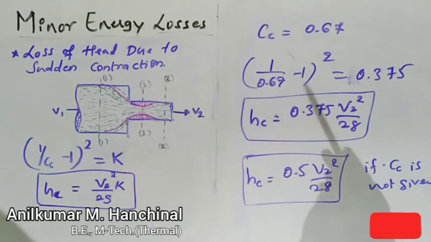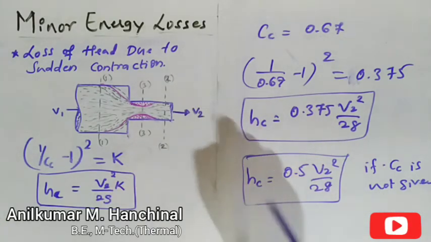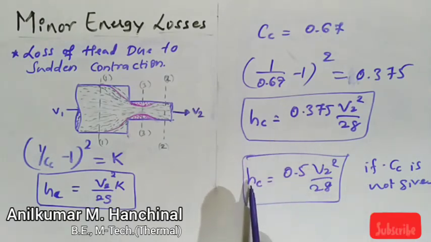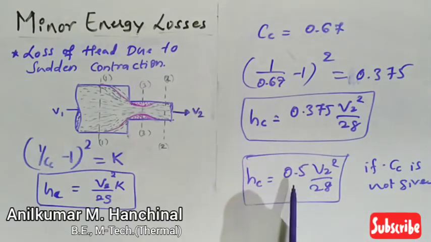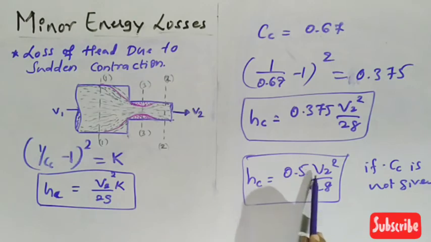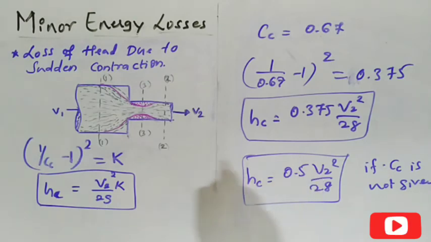If there is no coefficient of contraction given in the statement, then HC, the head loss due to the contraction, will be 0.5 V2 square divided by 2g. This is the loss of head due to the sudden contraction.